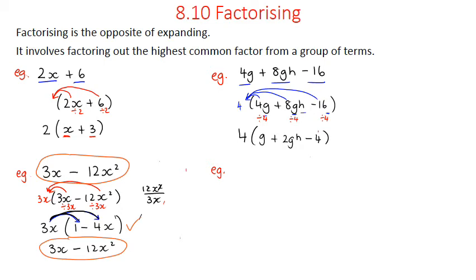Now we'll try one that's a little bit harder. 4x squared plus 3y minus 2x plus 6y squared.